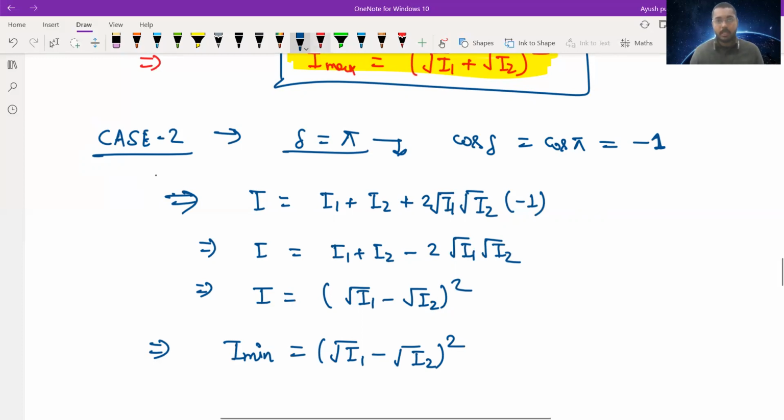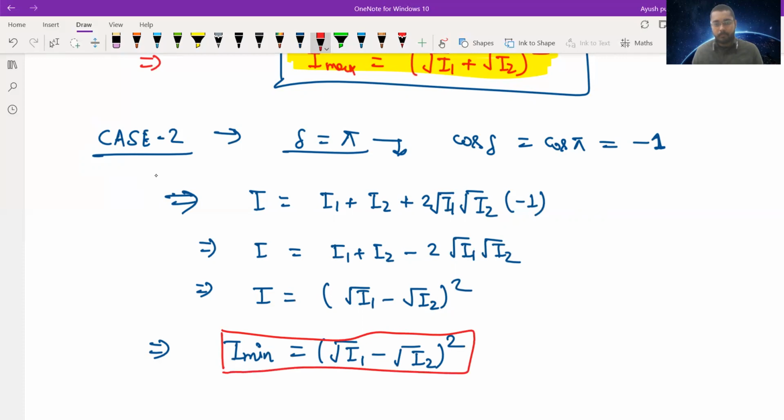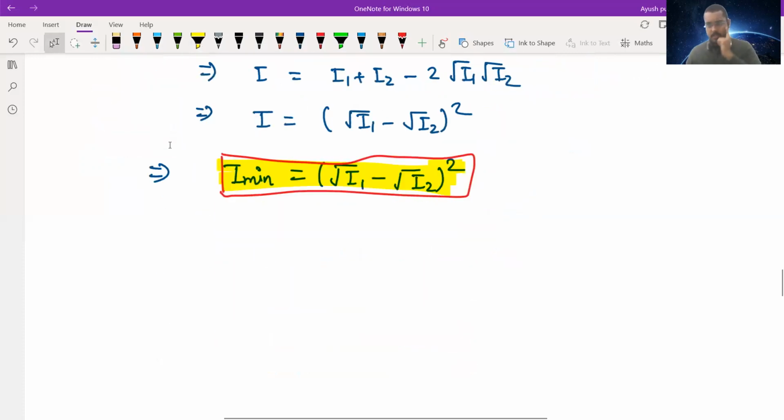Again, I am highlighting this equation, which you should remember. Now I have achieved the minimum intensity equation and the maximum intensity equation. But now let's take a special case and see what happens.